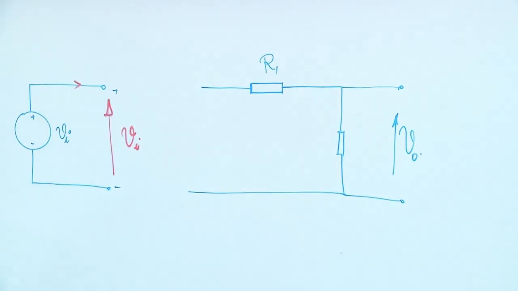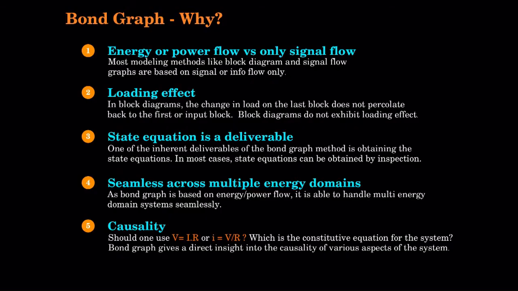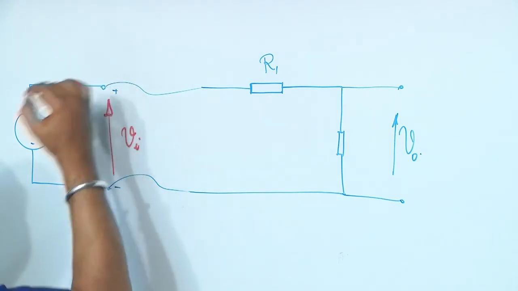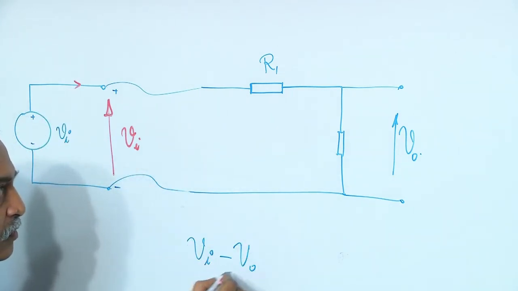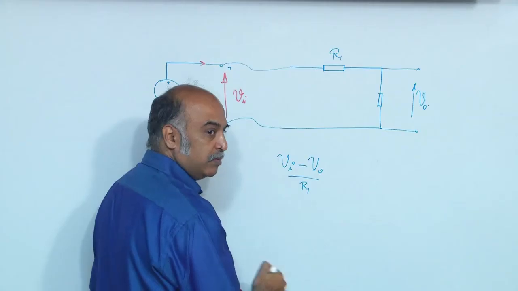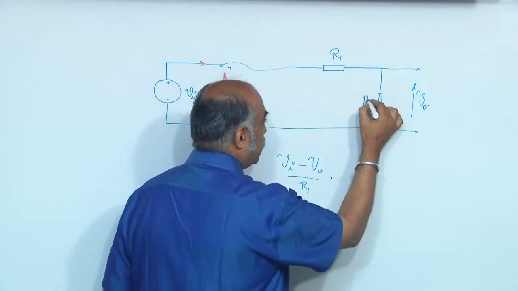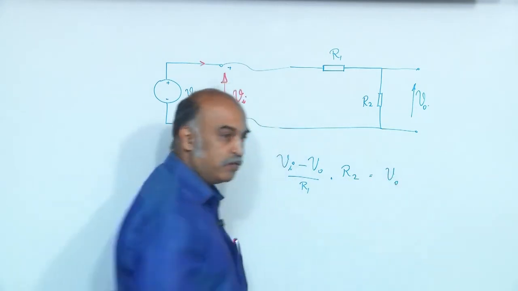Now, how would we model this? If I connect it, what is the model for this? Very difficult, right? We do not have an energy storage element, and the closest model that we have written is, if this is V I and let us say this is V naught, then (V I minus V naught) by R1 will be the current flowing through R1 and into R2, and current into R2 will be V naught.